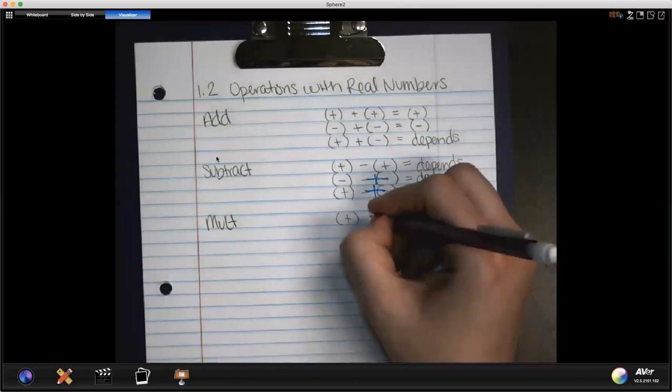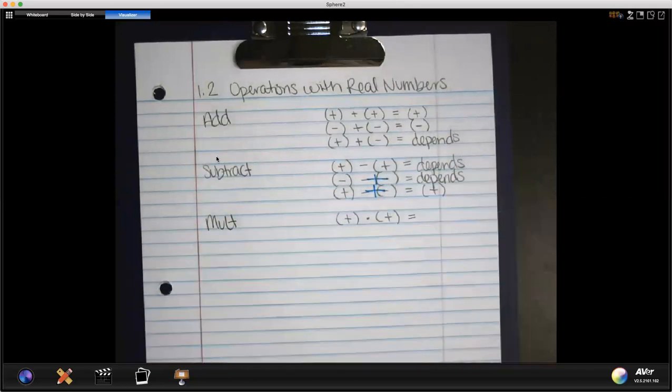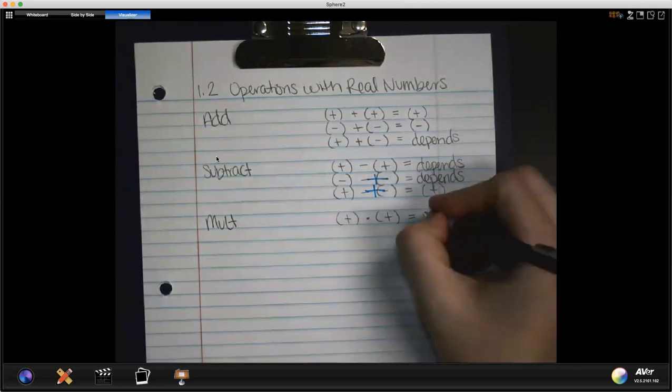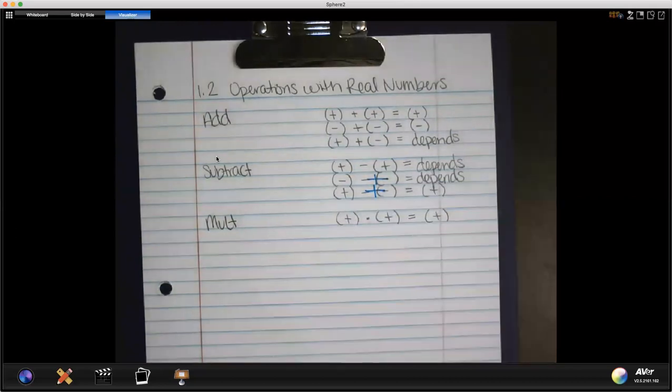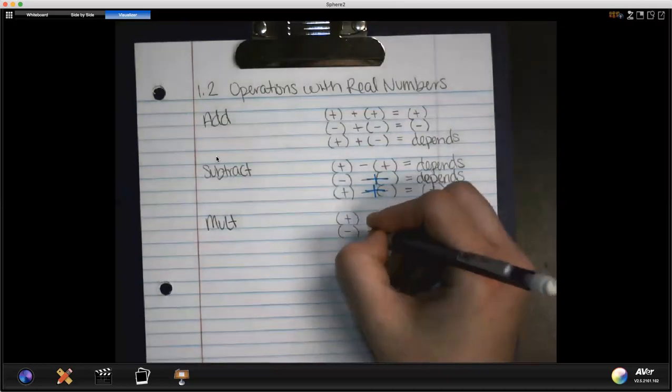If I have a positive times a positive, what will the result be? Positive, right? Always positive. I have +3 times +8, it will always be positive. Now, what about a negative times a negative?